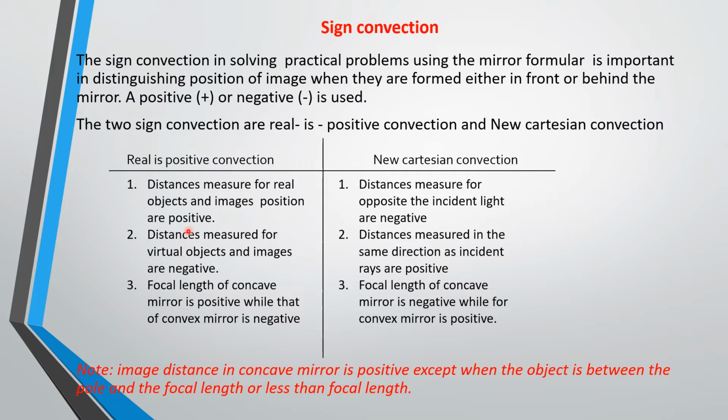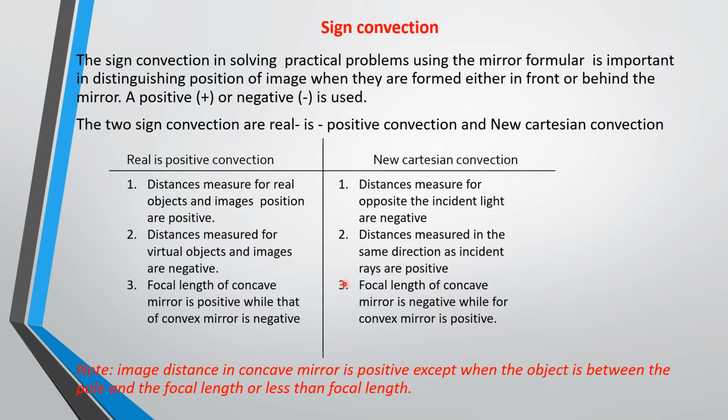If you follow the real is positive convention, distances measured for real objects and images are positive. Also, distances measured for virtual objects and images are negative.